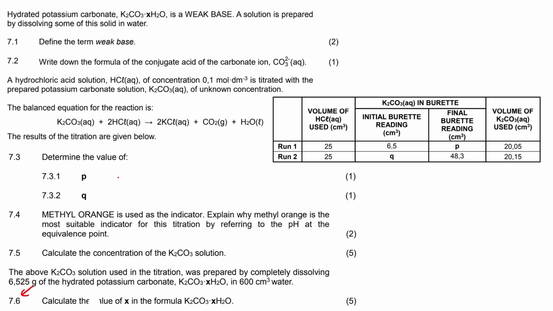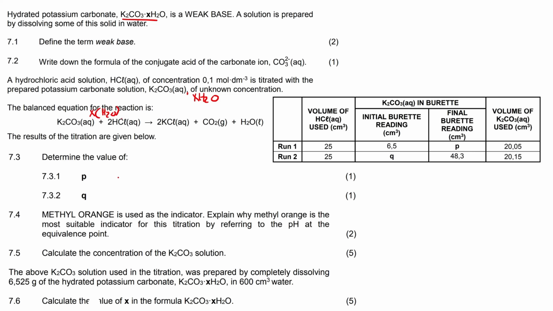So there's a number of different ways you could handle this one. One of them is, and I don't really like what they've done, because they started off in the very beginning saying that hydrated potassium carbonate, and then they said over here that titrated with the prepared solution above, but then they didn't keep the XH2O, but it is actually there.